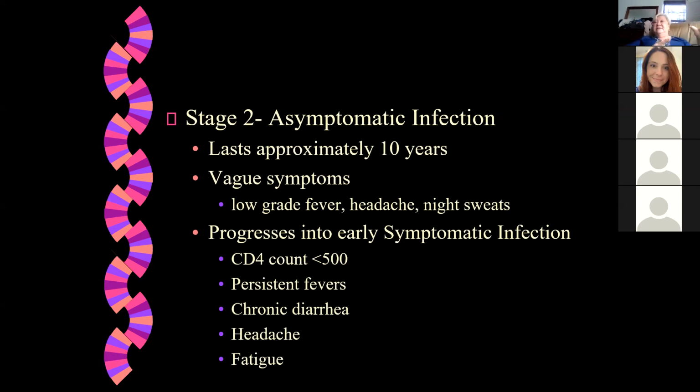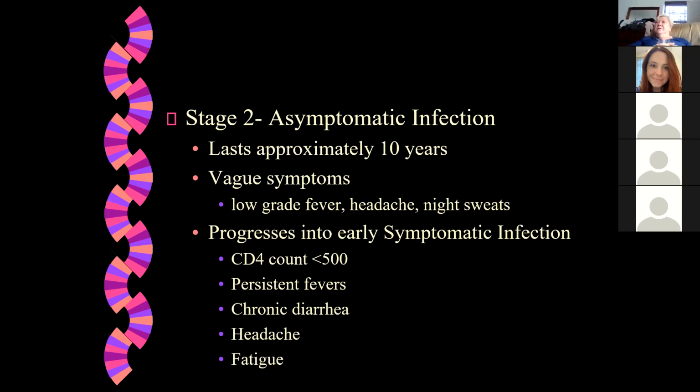So you are passing it around and you have no symptoms. You didn't get tested in your first 2 weeks because you thought you had the flu. And now you're 10 years asymptomatic. So you're passing it around for 10 years. At the end of that 10 years-ish, your CD4 count will get between 500 and 800, and you might start feeling a little yucky, and you might go to the doctor, but you might not.